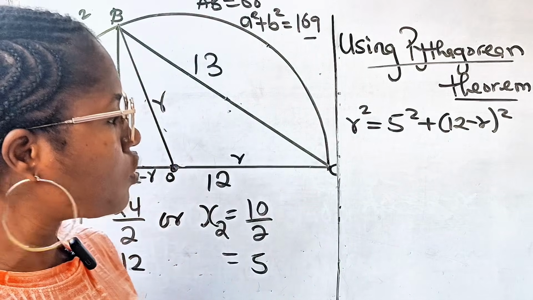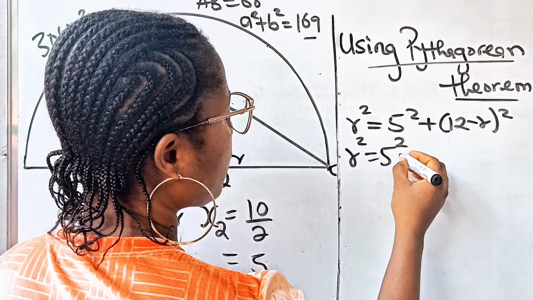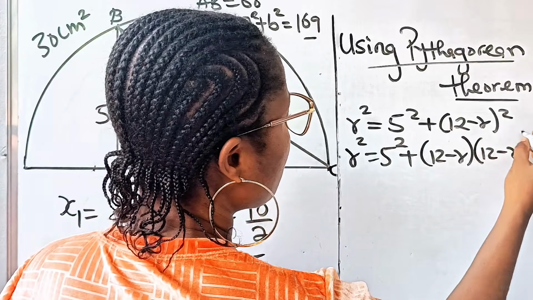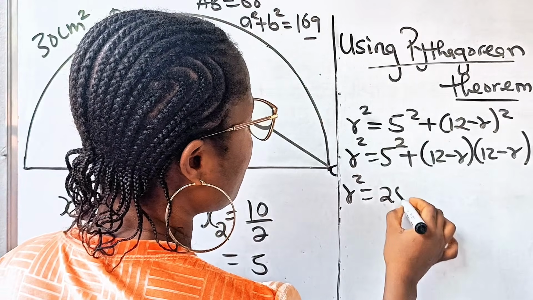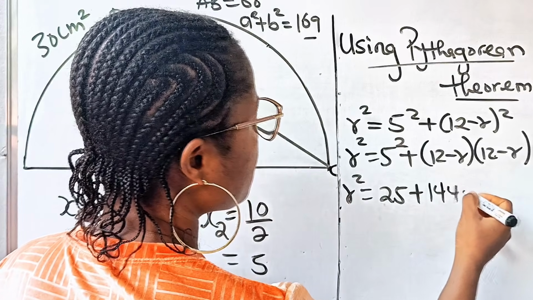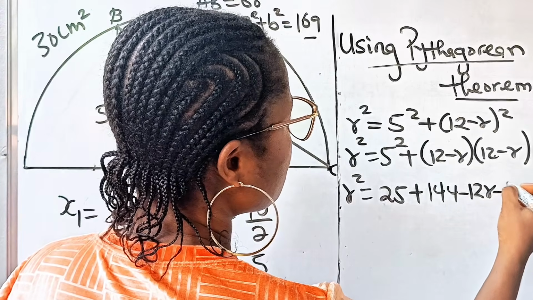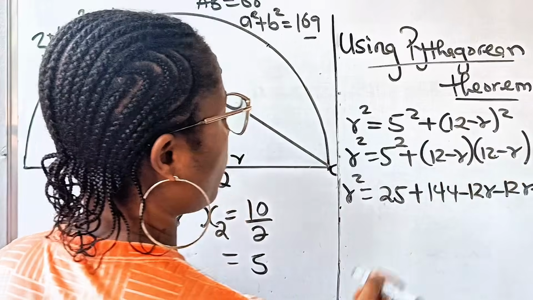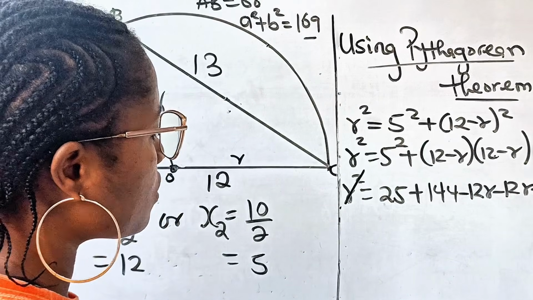Okay, so we solve. We have R squared is equal to 5 squared plus 12 minus R times 12 minus R. So we have R squared equals 25 plus 12 times 12, 144. 12 times minus R is minus 12R. Minus R times this is minus 12R. Minus R times minus R is plus R squared. We have R squared here, we have R squared here, so we can cancel.